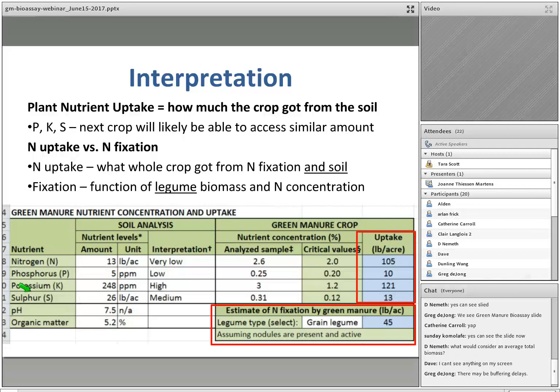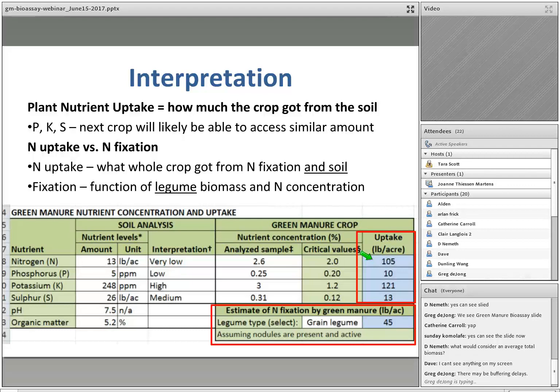It's important to understand that the nitrogen uptake, right here in this example, is 105 pounds per acre. That is what that green manure crop got out of the soil in its above ground biomass.